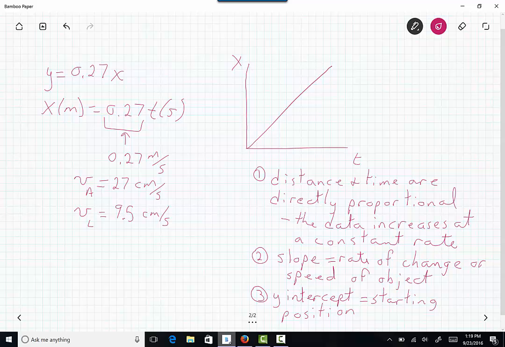So when we are looking at this particular lab, the conclusions you should have come up with are these three, along with the equation that we used on the last page, which shows then that the generalized equation is that delta x is equal to vt, and that the rate of change is equal to the velocity times the time. This generalized equation is, like I said the other day, one of our first kinematics equations.